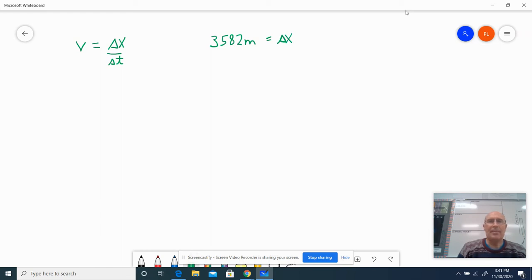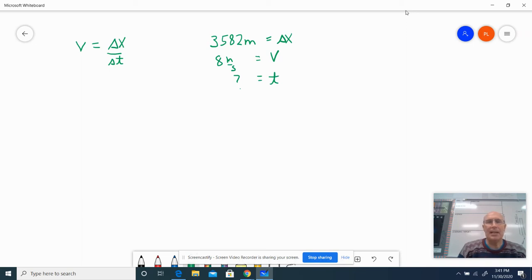But it's going to have a velocity as it does that. It's going to have a velocity of 8 meters per second. Then what will the time be? How long will it take for that object to go that far?